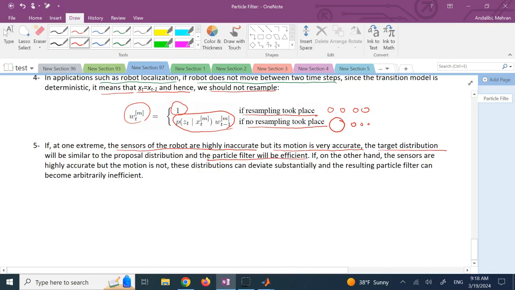So in particle filters, if your sensors are not so good but your model for transition is good, you can do a good job. On the other hand, if your model is bad and not accurate, but your sensors are so good, then the distributions that you approximate over time would deviate from the actual one, and you can go inefficient.